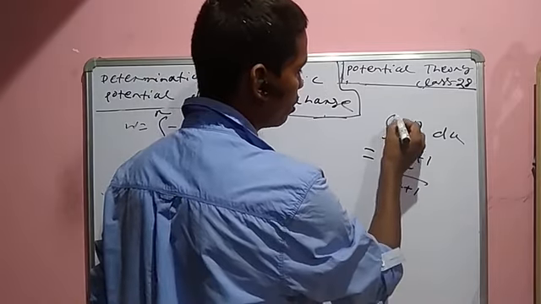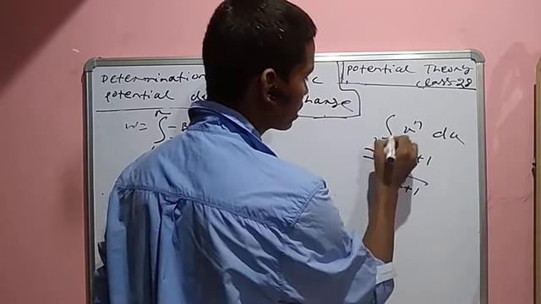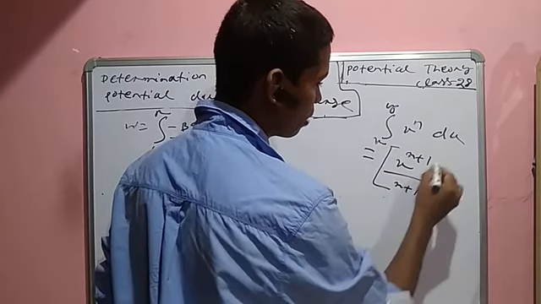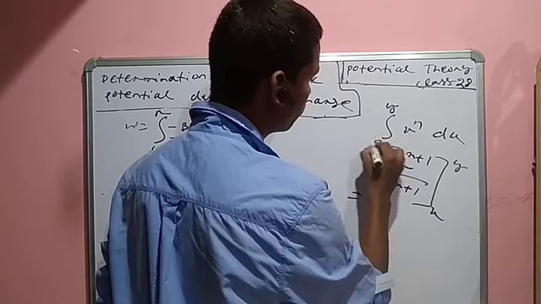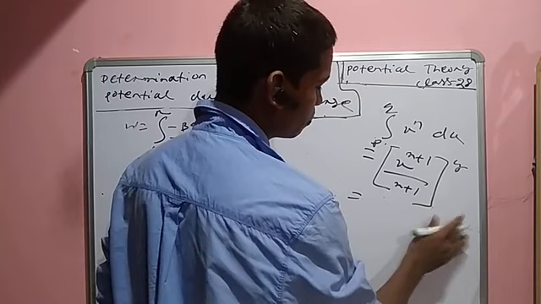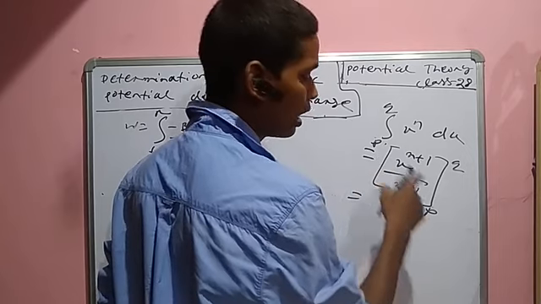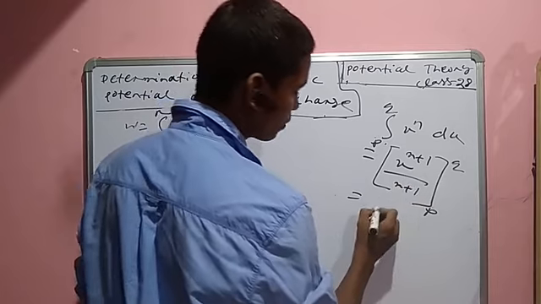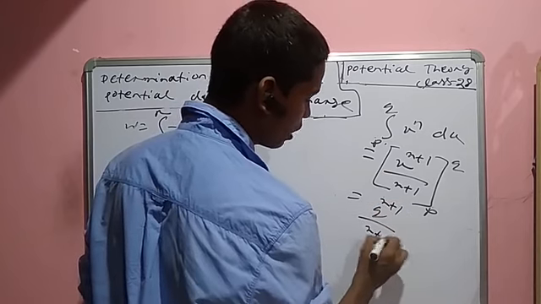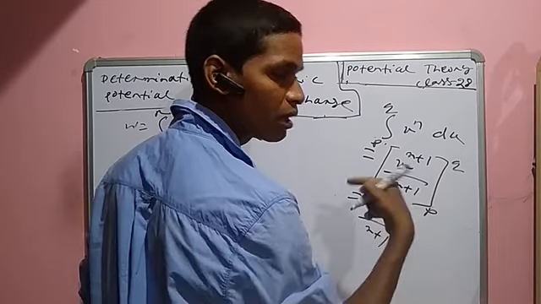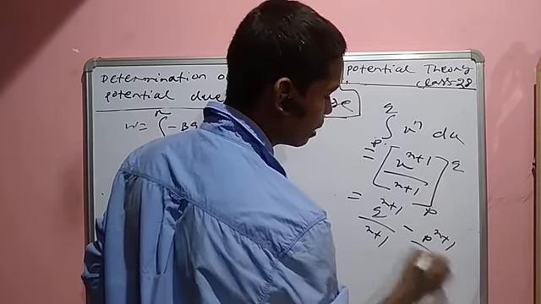Suppose for the integration of x to the power n, the lower limit is P and the higher limit is Q. Then we write the square bracket, from P to Q. The value at the higher limit is Q to the power n plus 1 by n plus 1, minus the value at the lower limit, P to the power n plus 1 by n plus 1.